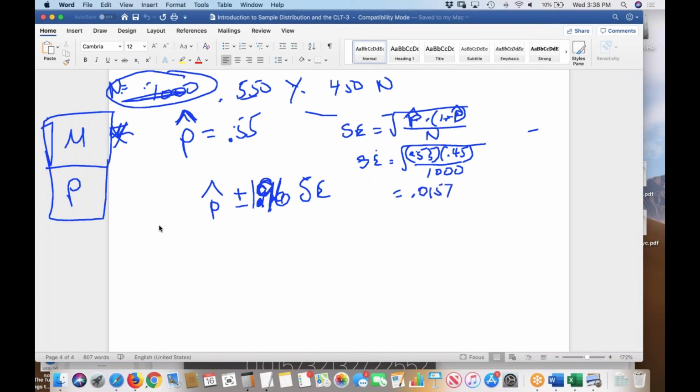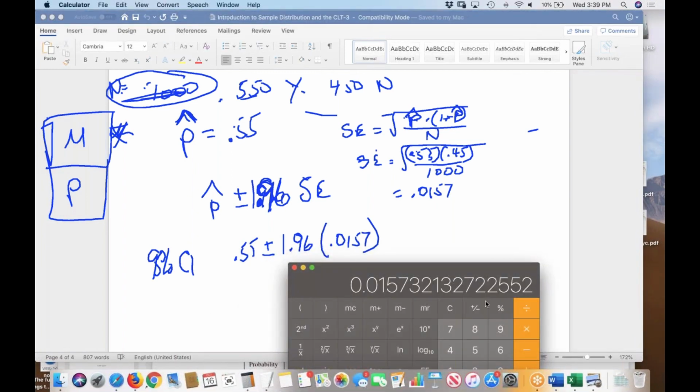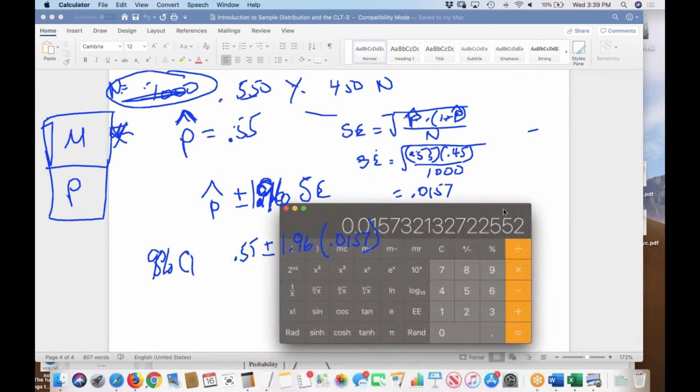So let's calculate our 95% confidence interval. Our 95% confidence interval for this proportion is going to be P cap, which is 0.55, plus or minus 1.96 times 0.0157. Okay, let's calculate that now. Bring my calculator back here. So I'm going to take this 0.0157 and multiply it by 1.96.